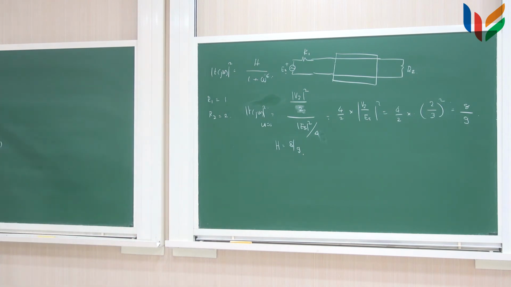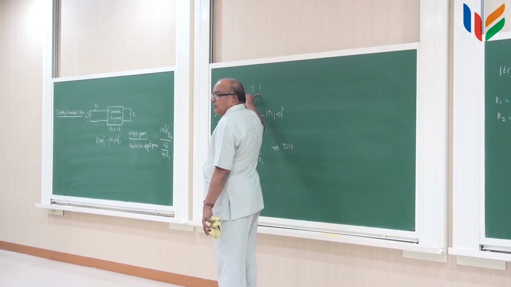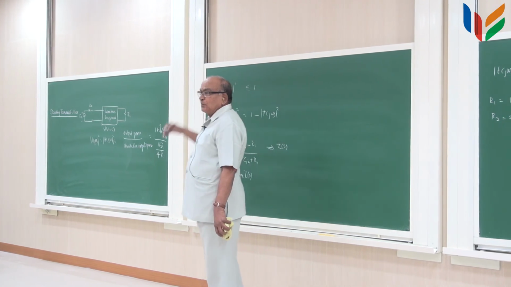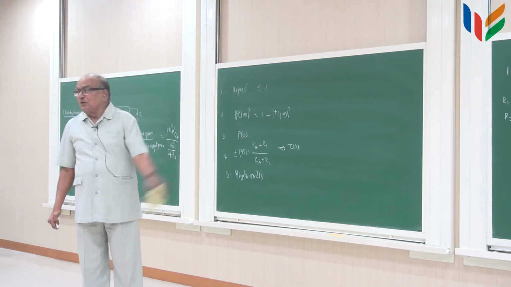So, I have now fixed this condition, and I made sure that every value of omega will be less than 1, because at the maximum possible value it is definitely equal to 1. So, the rest of the values will be lower than that.